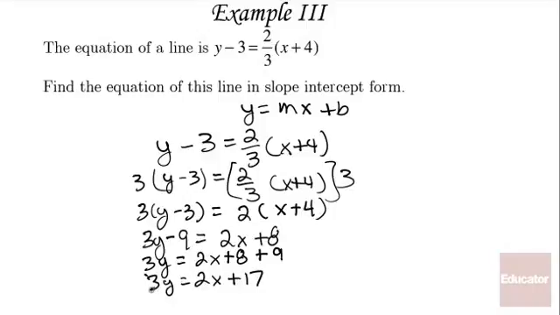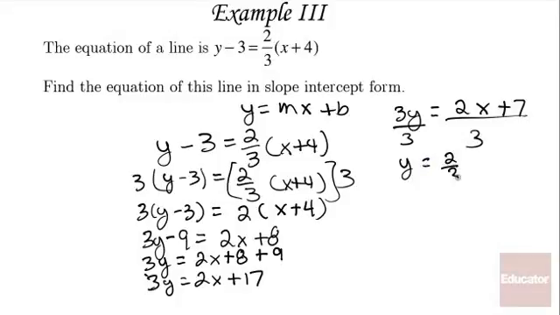The last thing I need to do is divide both sides by 3. Now I have y equals 2/3 x plus 17/3.